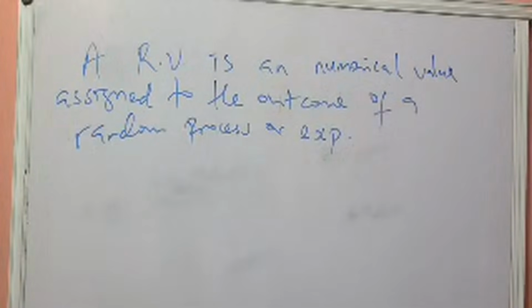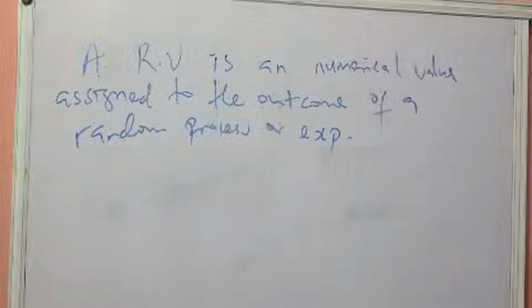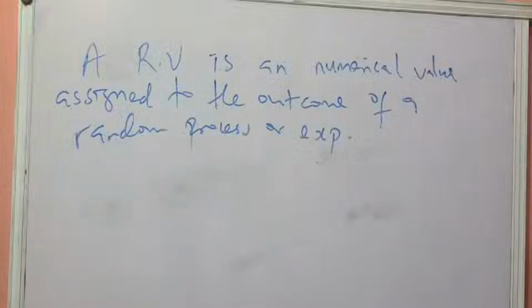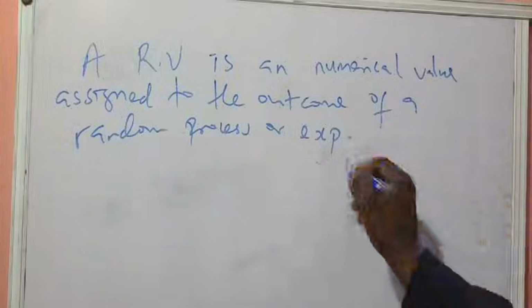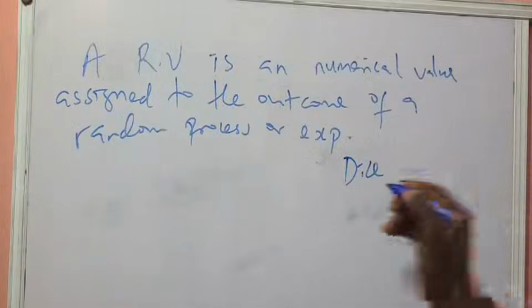Now, I believe we have dealt with experiment while we were talking about probability. When performing an experiment, for instance, the tossing of a coin or the tossing of a dice. Let's use the tossing of a dice. We have just 6 different possible outcomes: 1, 2, 3, 4, 5, 6.